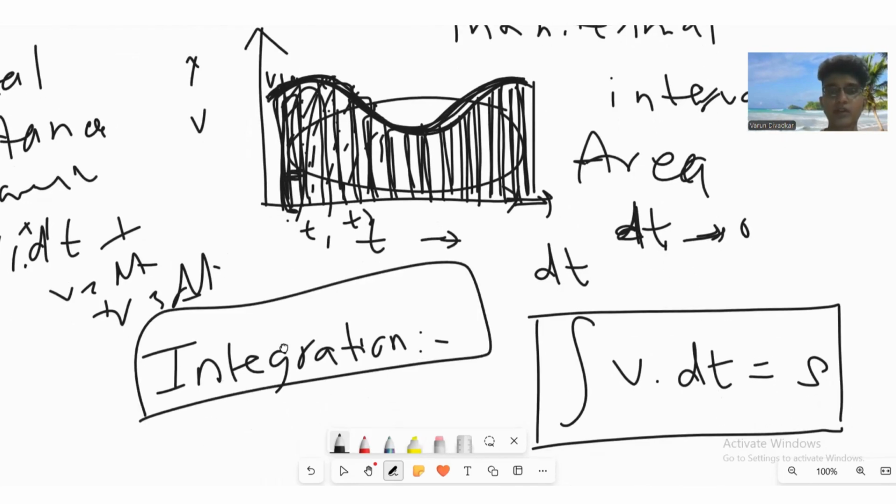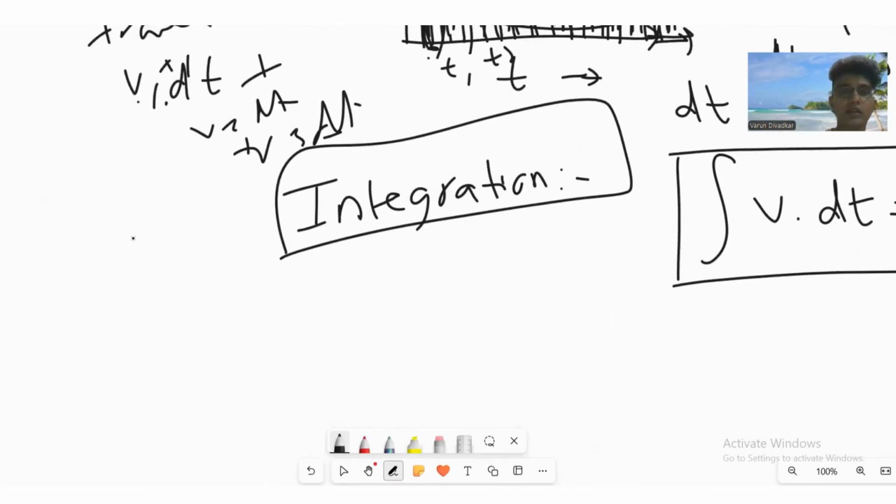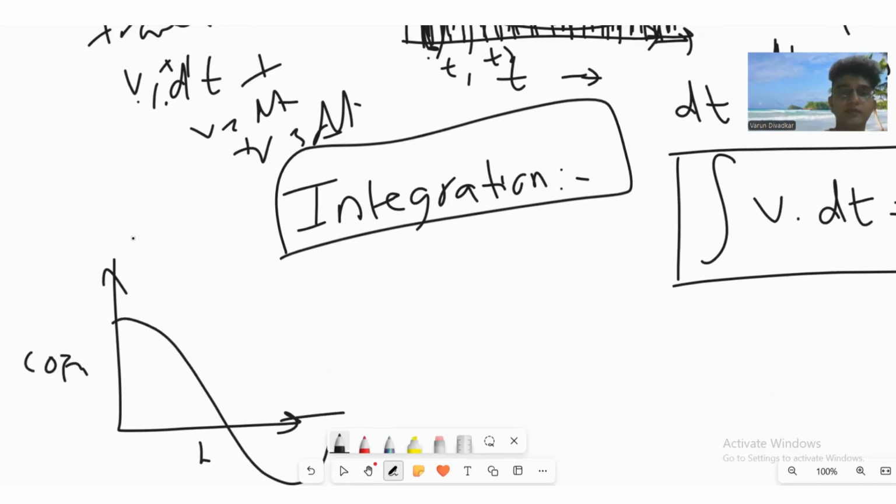So suppose you have a curve, like say, again x and cos of x, which looks something like this. So integration, like say between 0 to this point, right?